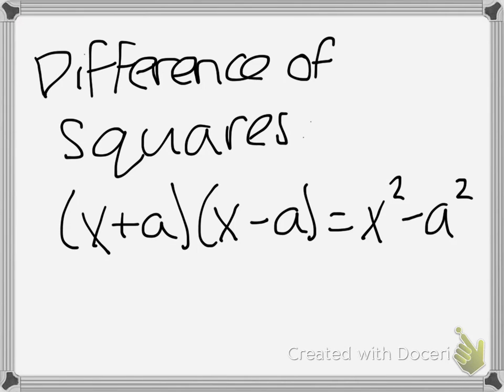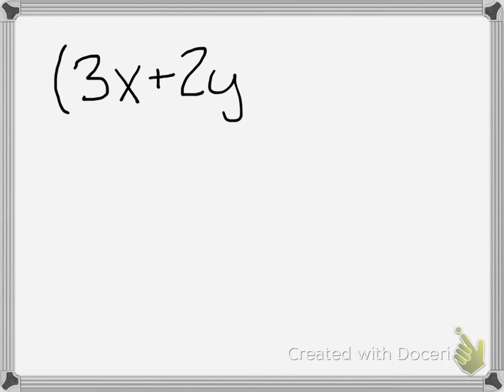Let's say I have something a little bit more tricky looking. Let's say I have 3x plus 2y times 3x minus 2y.